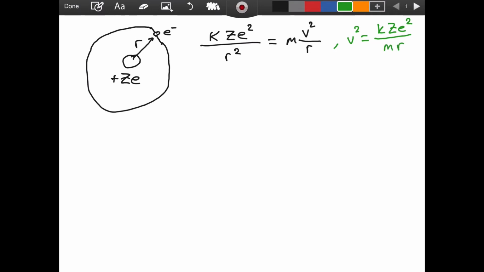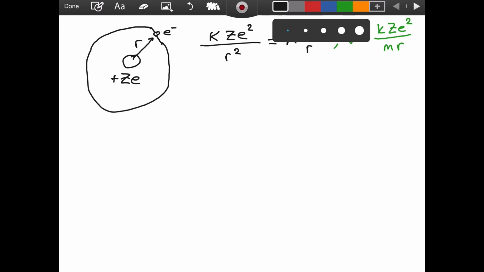Okay, and by the way, I forgot to say it at the beginning, but this is a long derivation for a video, so in this video we will only find r in terms of other quantities, and then in the following video, we will find v, and then we will combine them all to find the energy states. Okay, so for this video, we only want to find r.